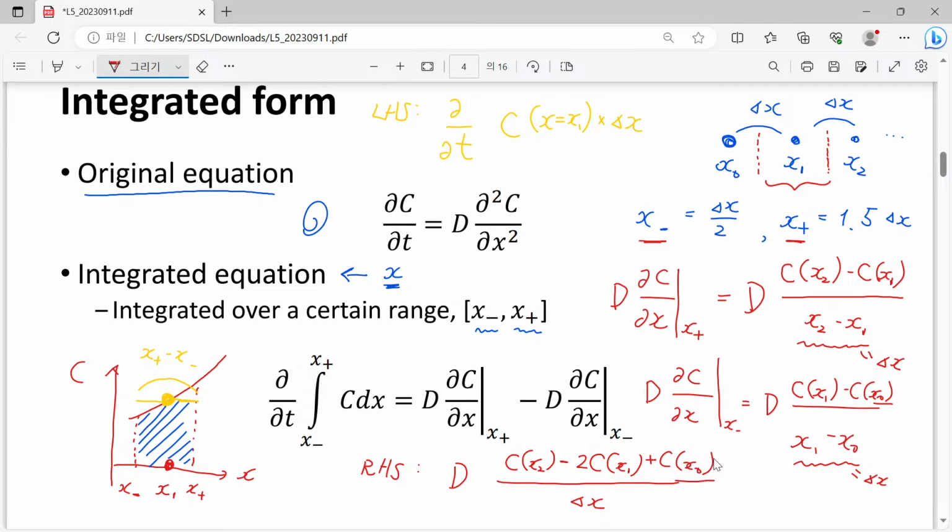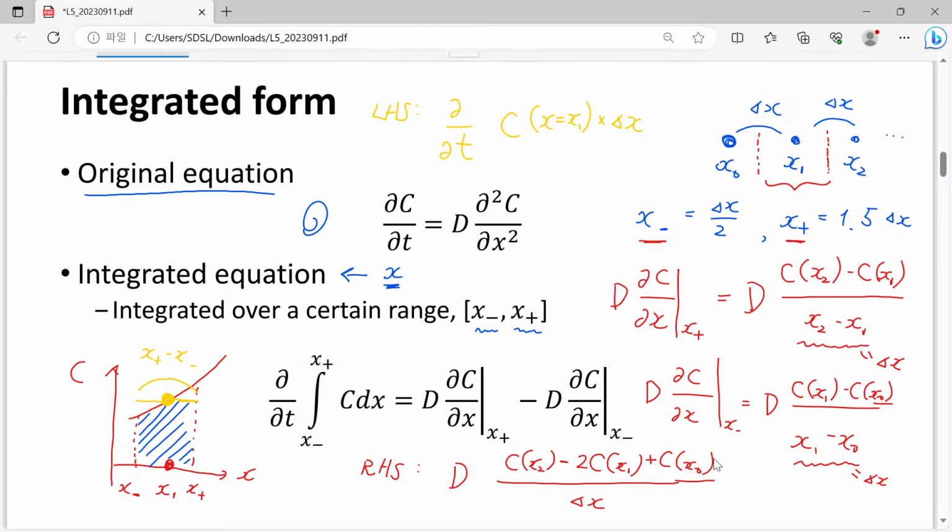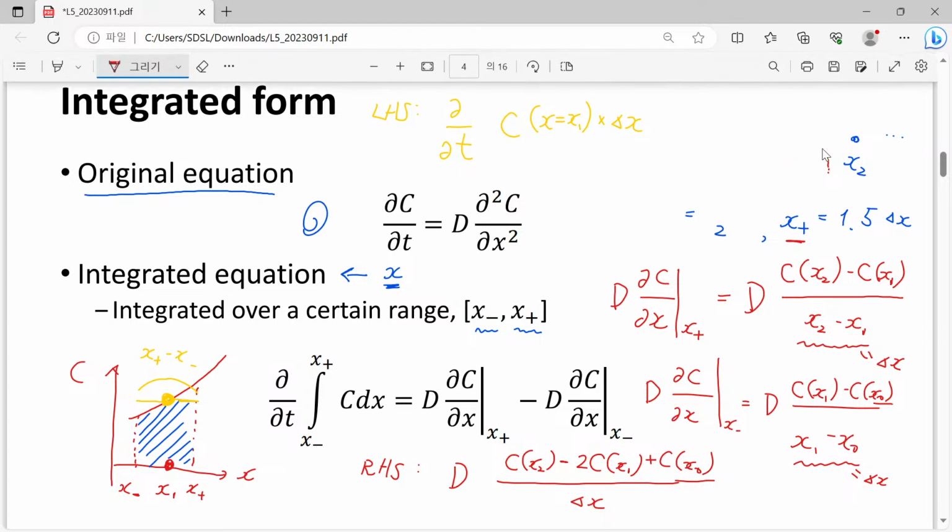Please take your time to check whether my evaluation is correctly done without any mistakes. So if you accept all of my derivation, then let me make the balance between the left hand side and right hand side. I think that we can do it quite easily.